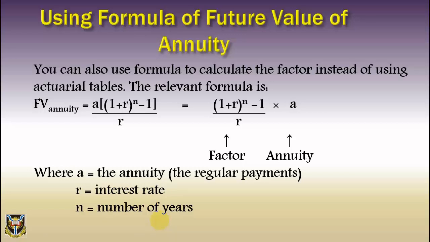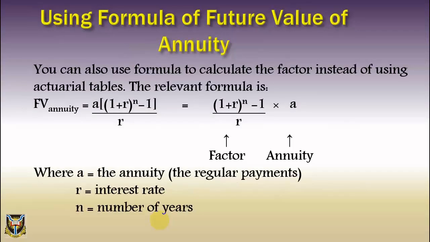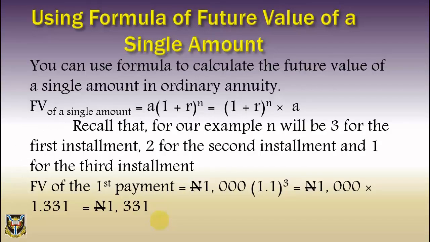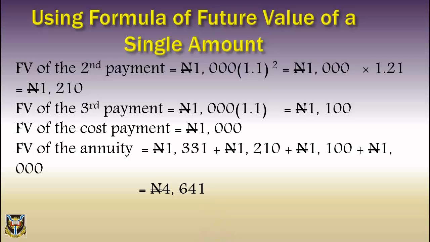FV annuity is equal to ((1 + 0.1)^4 − 1) / 0.1 times 1,000 naira, which is equal to (1.1^4 − 1) / 0.1 times 1,000 naira, which is equal to (1.4641 − 1) / 0.1 times 1,000 naira, which is equal to 0.4641 / 0.1 times 1,000 naira, which is equal to 4.641 times 1,000 naira, which is equal to 4,641 naira.